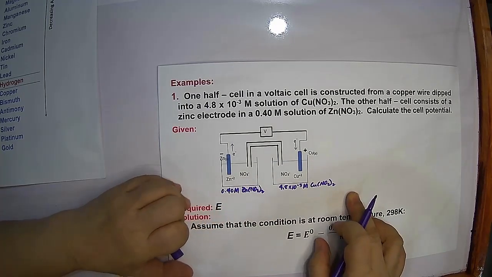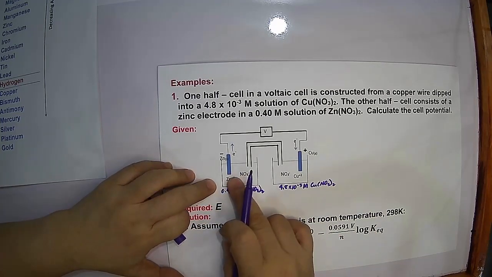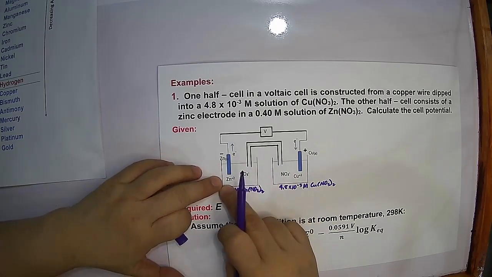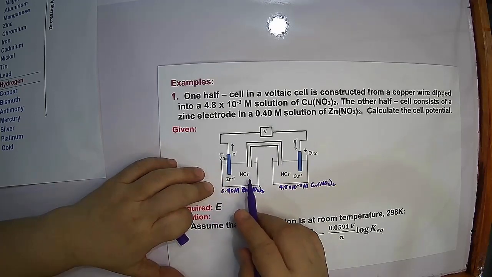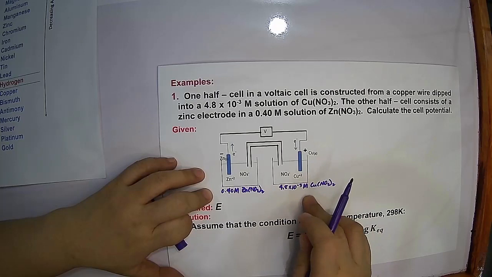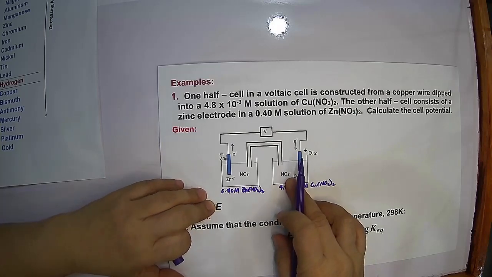Since nitrate salts are very soluble in water, they are highly ionized in water. So in your anode compartment, you have the zinc ion present and the nitrate ion as well. In your cathode compartment, you have the copper ion and the nitrate ion present as well.